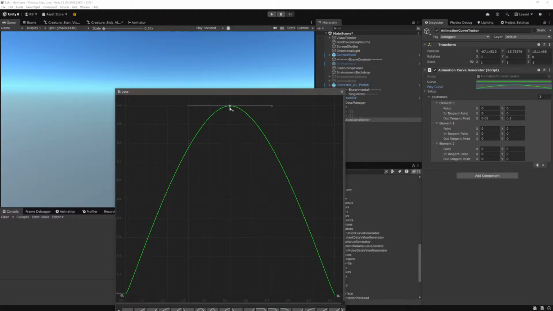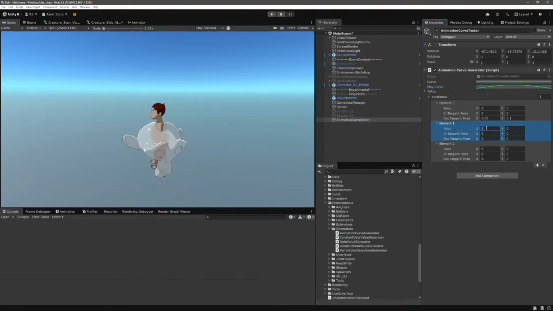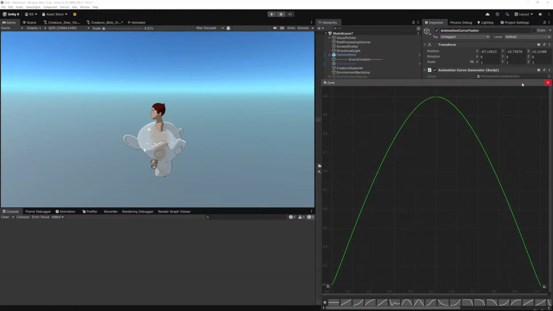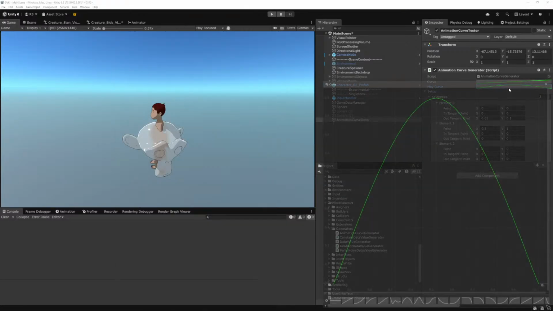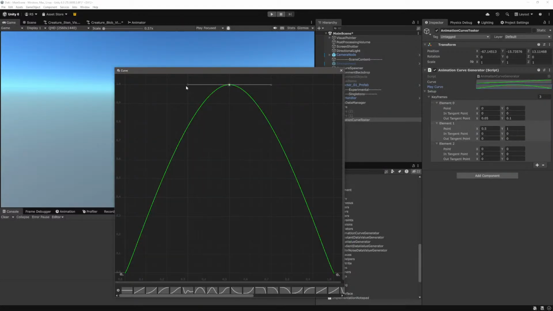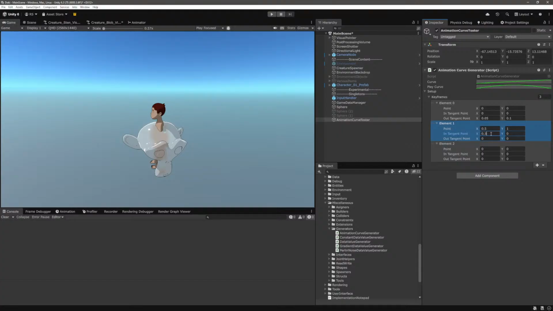And then we have this one, which is at 0.51. Okay. And the tangent points are at 0.31 and 0.71. So 0.3, 0.7.